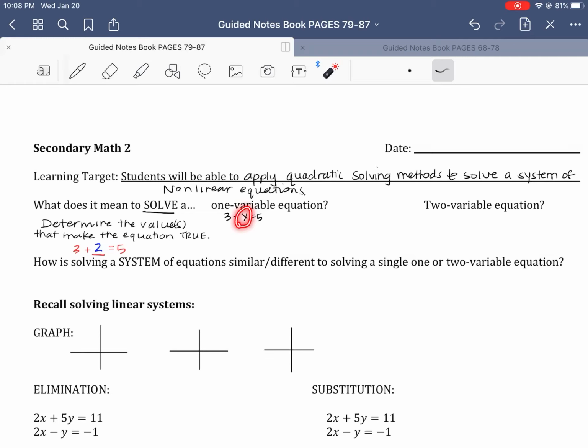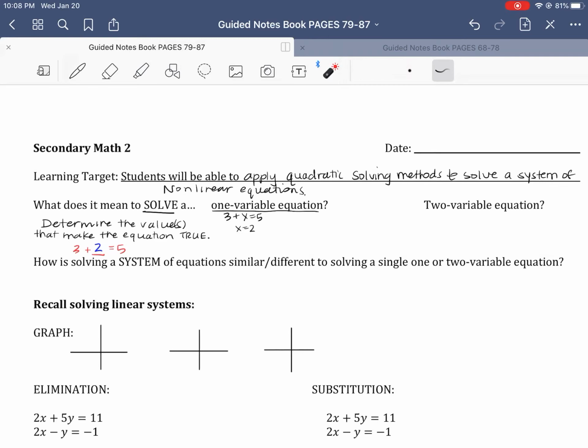There's only one value that's going to work to solve that equation, and we know that x is equal to 2. That's the solution that works for that equation. Solutions are distinct values in a one-variable equation, and we could find them on the real number line.